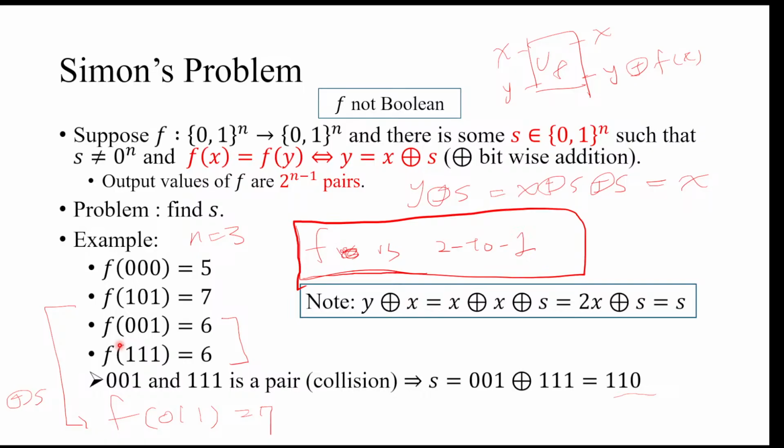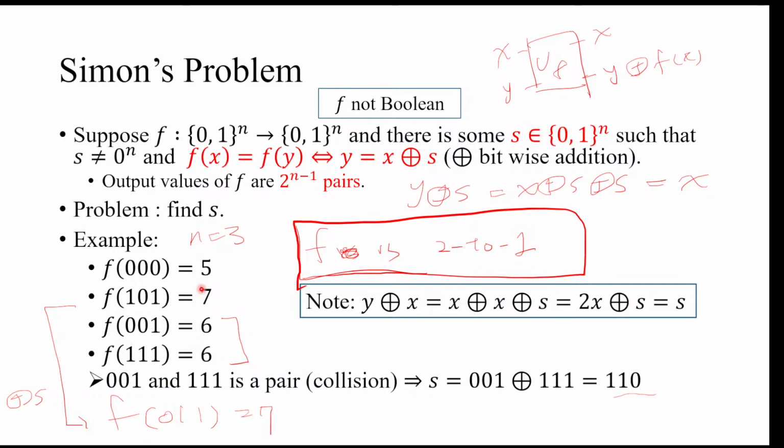So the way to solve this problem is you just pick random inputs. You take f of 0,0,0, 0,0,1, 0,1,0, and so on, until you hit some collision between the inputs. Here in this example, f of 0,0,1 and f of 1,1,1 are the same.